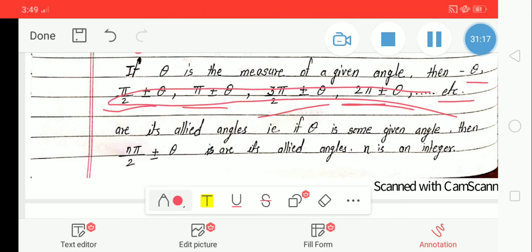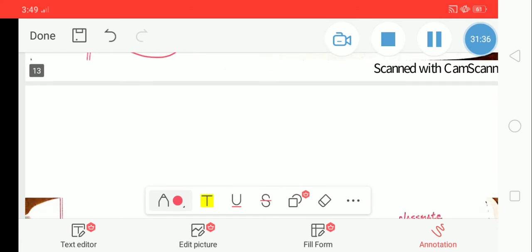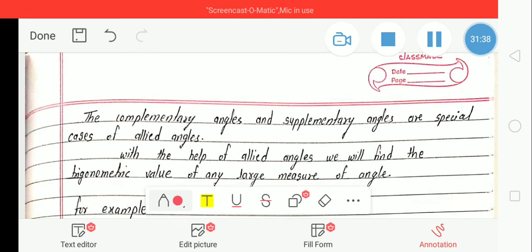If theta is some given angle, then n pi divided by 2 plus minus theta are its allied angles, where n is any integer.